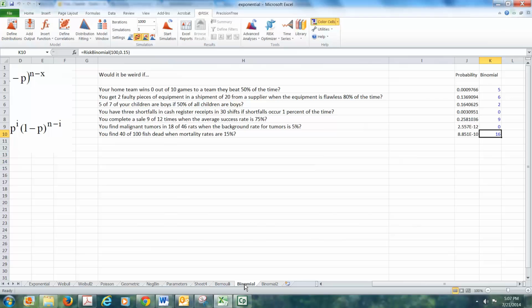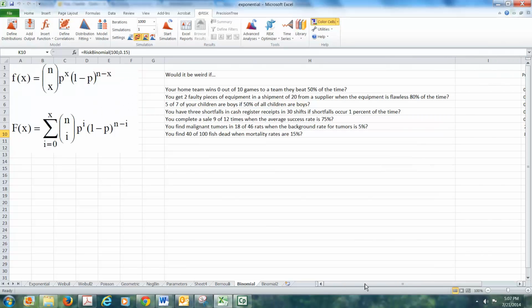Let's move on now to the binomial distribution. And we begin here with the mass distribution function and the cumulative distribution function. Notice that we now have two parameters, n and p. X, of course, would be the data. So a binomial experiment, also called a Bernoulli trial, is a statistical experiment that has the following properties.